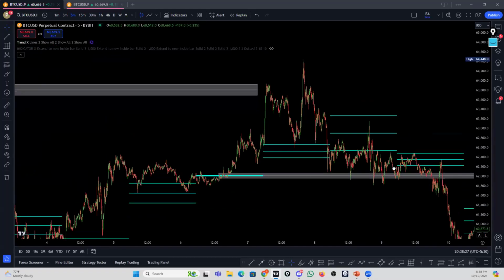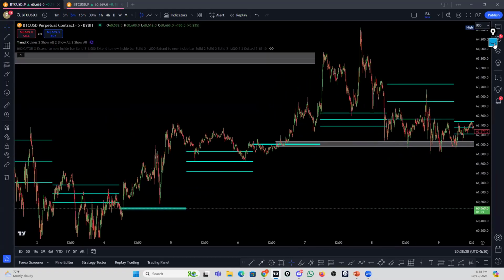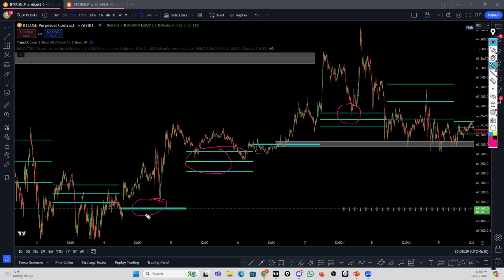So we have only two areas to take a long position. The first is our daily trend X.